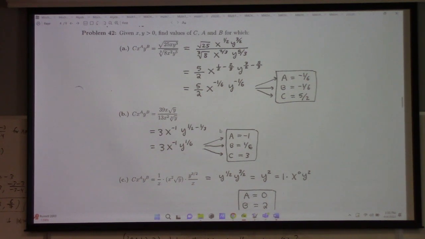So we did number 6, we did number C in class. Let me just talk about part A here. The square root of 25 is square root of 25. The cube root of 8 is cube root of 8. And then when I take the square root here, I have the square root of x times the square root of y cubed, but the square root of x is x to the 1/2. The square root of y cubed is y to the 3/2. Now downstairs, I'm taking cube roots.